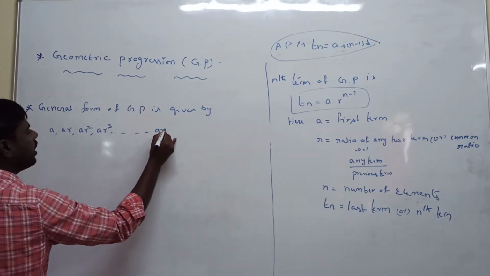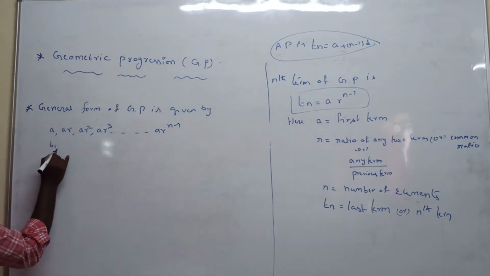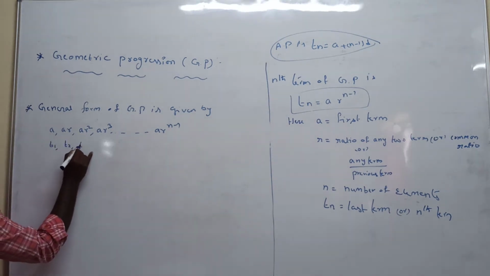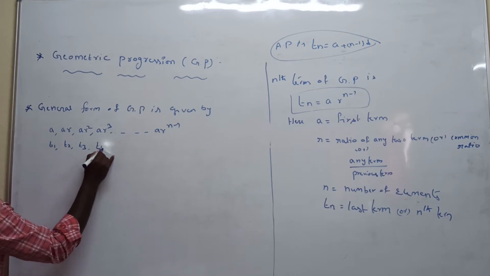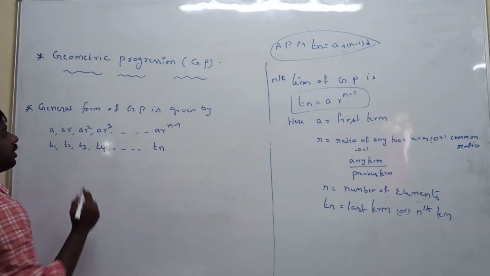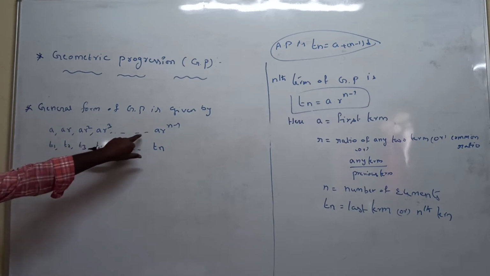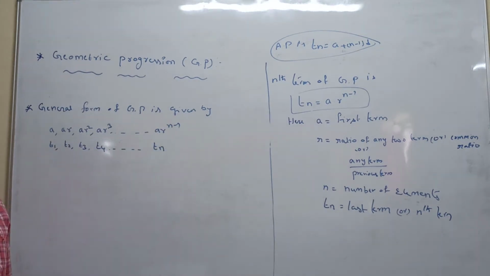The last term is A into R to the power of n minus 1. That's why the first term is denoted by T1, the second term by T2, the third by T3, the fourth by T4, and the nth or last term by Tn. So the general form of geometric progression is A, AR, AR square, AR cubed, and so on, up to A into R to the power of n minus 1.